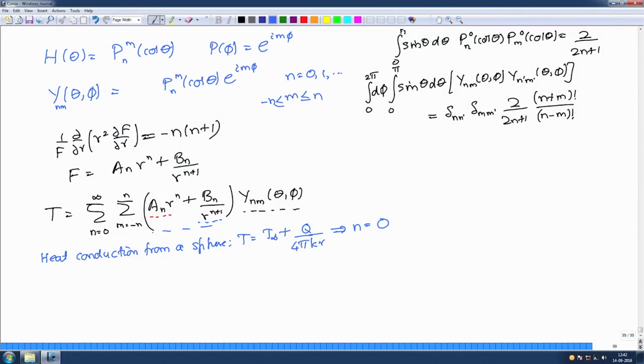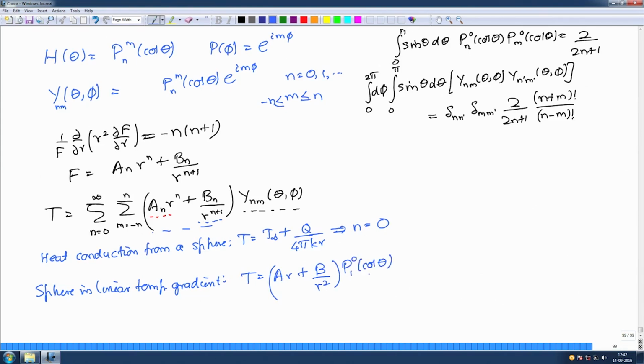Similarly, for the case of the heat conduction for a sphere in a linear temperature gradient, T was of the form A r plus B by r square, times P 1 of cos theta.